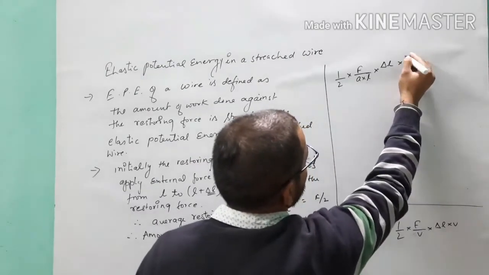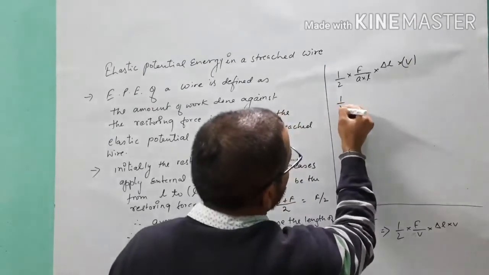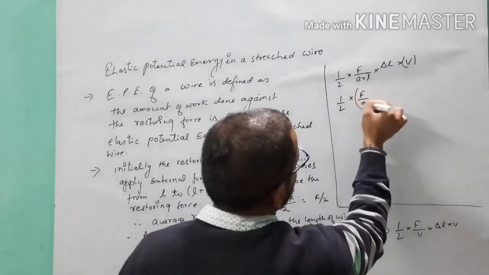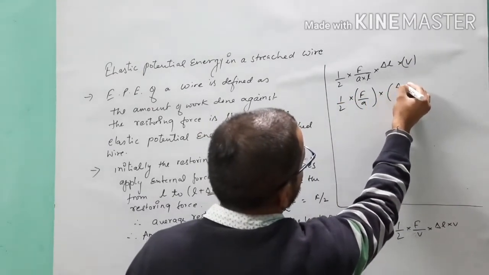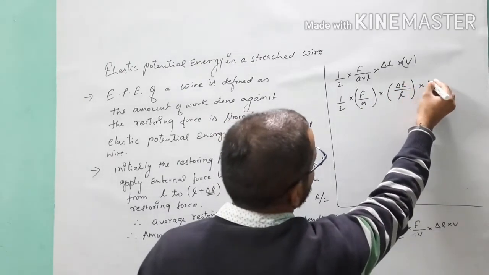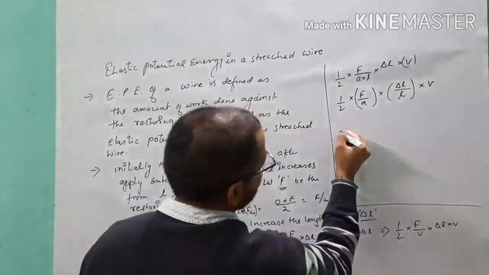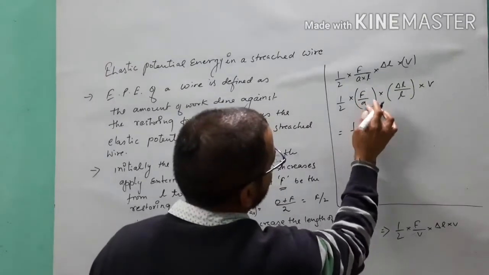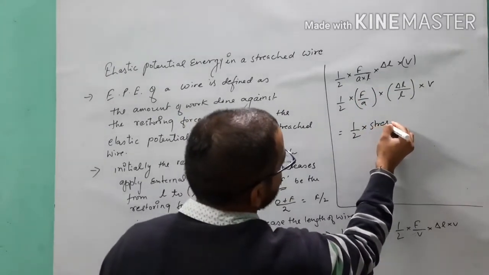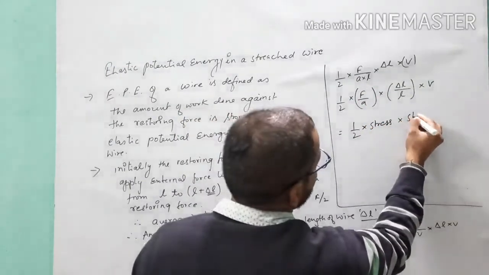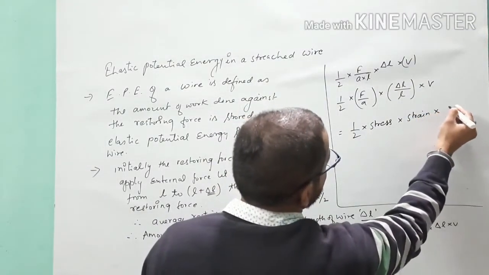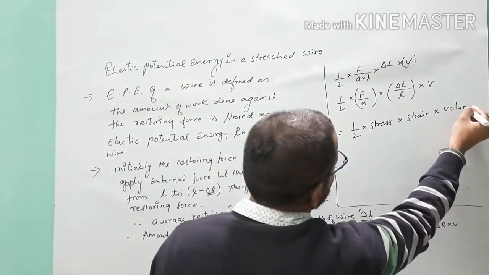Here I am writing V. So half F over A into delta L over L into V. So we can write here half force over area is known as stress, into this is known as strain, into this is known as volume.